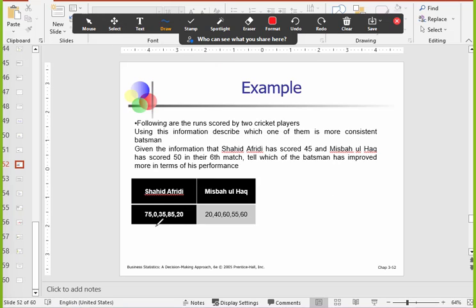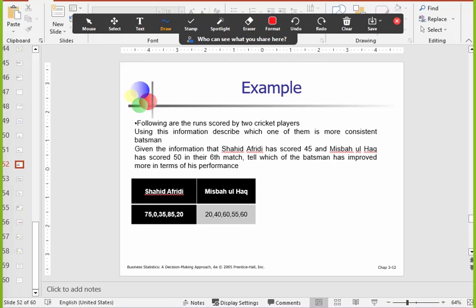Let's calculate the average of Shahid Afridi's data. I will open a calculator on my side. So 75 plus 0 plus 35 plus 85 plus 20.